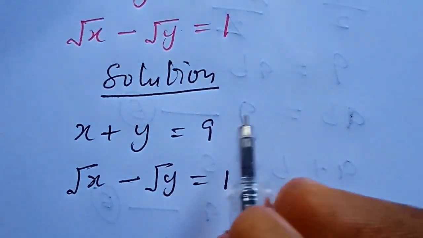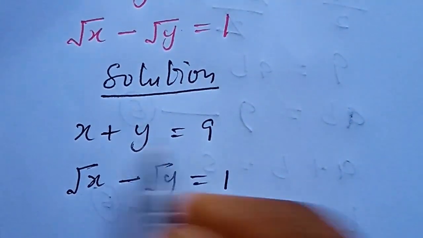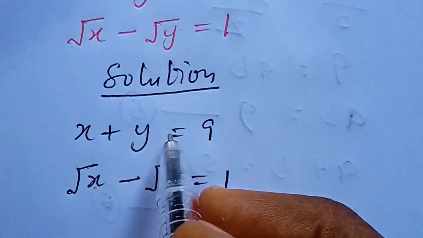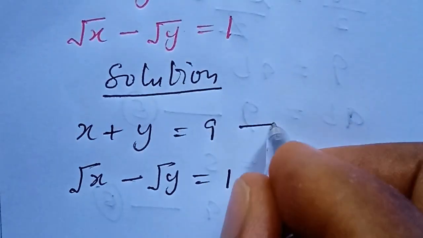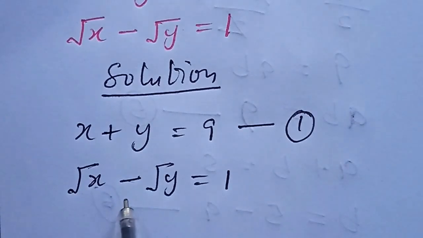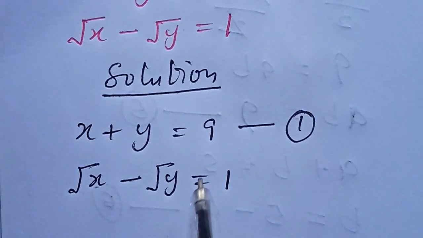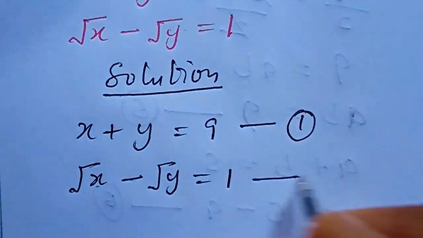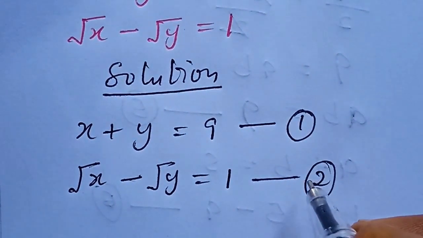Over here is a simple linear equation, and this is going to be equation 1. And over here is a non-linear equation which involves square roots. So we have this to be equation 2.